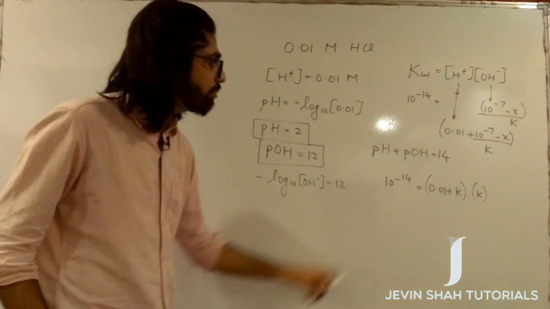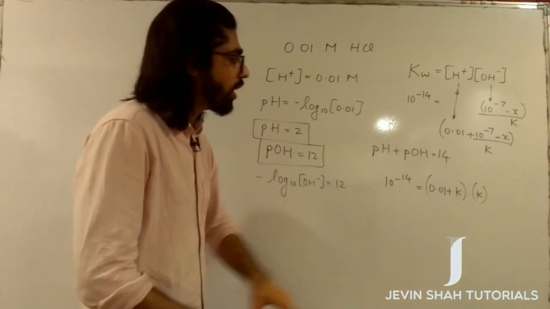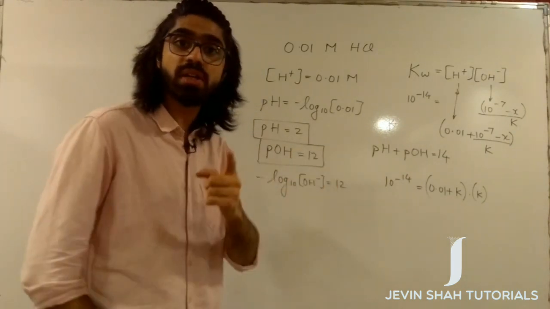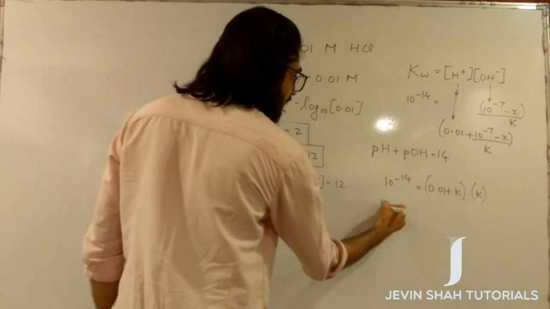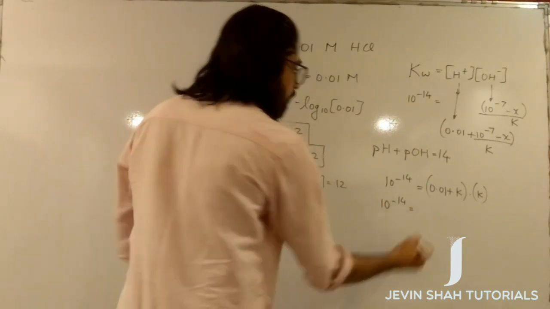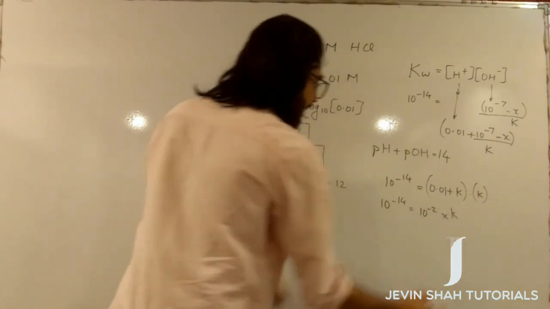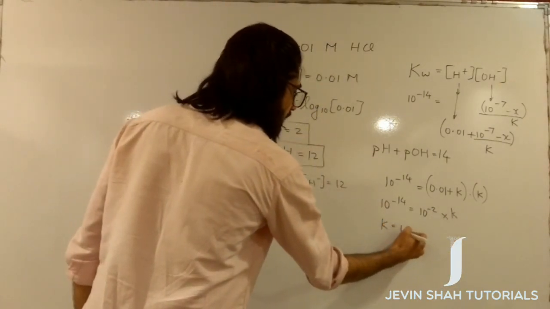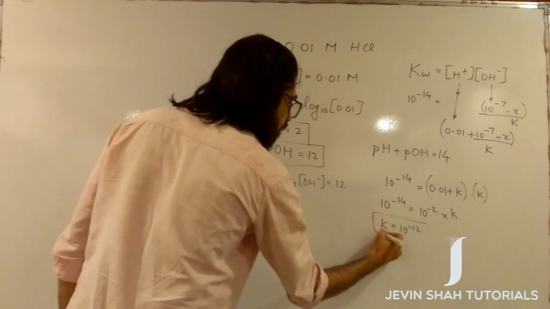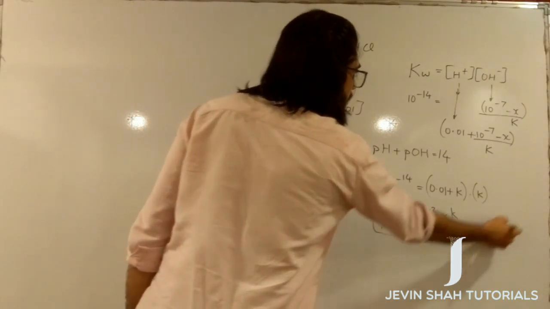And because K is much smaller than 0.01, 0.01 plus K will be approximately 0.01 only. So we get 10 power minus 14 equal to 0.01, that is 10 power minus 2, multiplied by K, and that is why we get K as 10 power minus 12, and that is your final OH minus ion concentration.